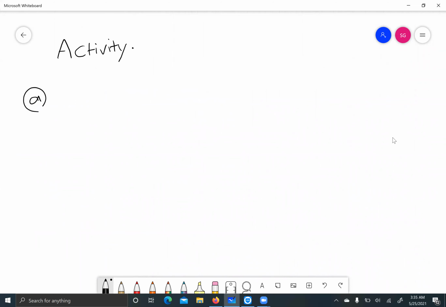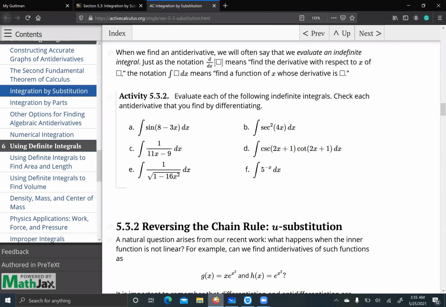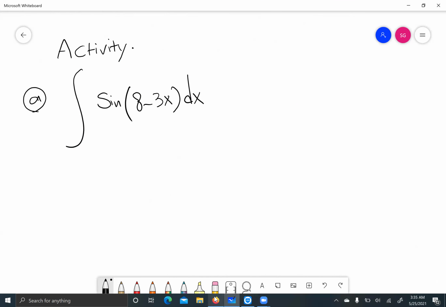Part A says find the integral of sine of 8 minus 3x dx. Whether the question says find the integral or says antiderivative, they are the same. Think about sine of 8 minus 3x as the derivative. What was the antiderivative of this function?